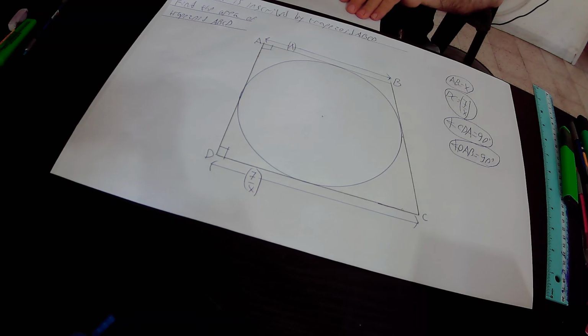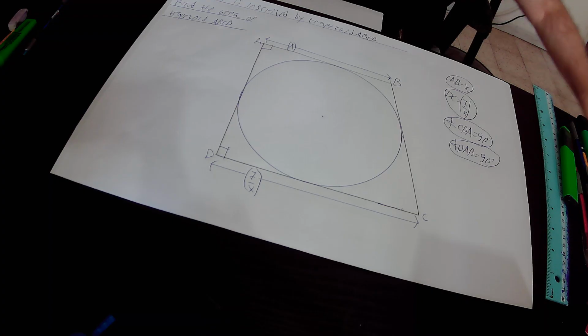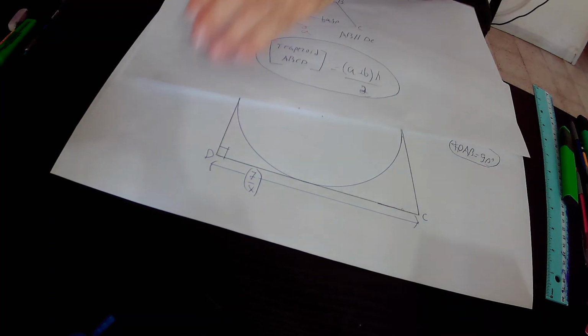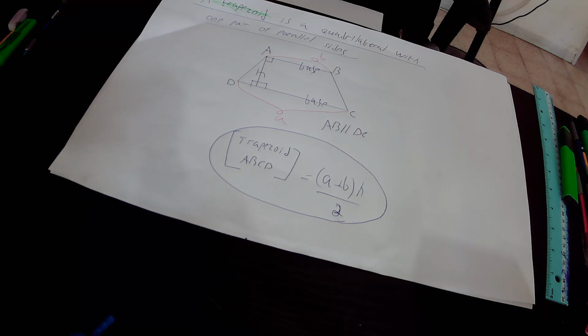So, first of all, what is a trapezoid? A trapezoid is a quadrilateral with one pair of parallel sides. Here we have quadrilateral ABCD, and because side AB is parallel to side DC, this quadrilateral ABCD is defined as a trapezoid.